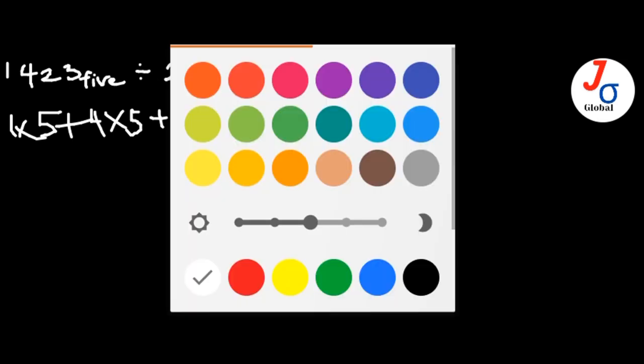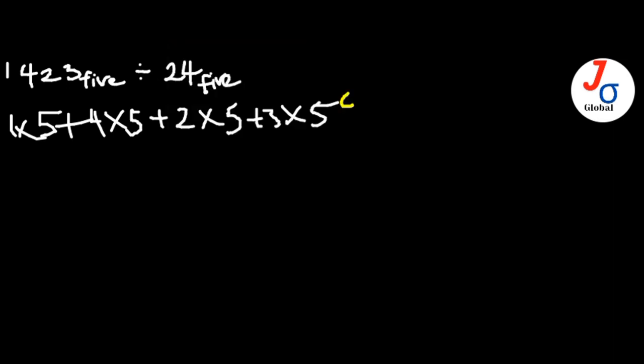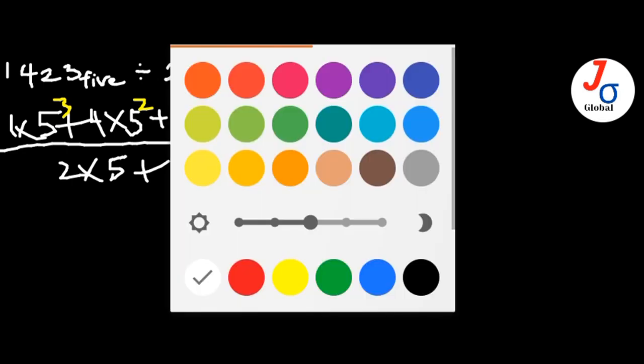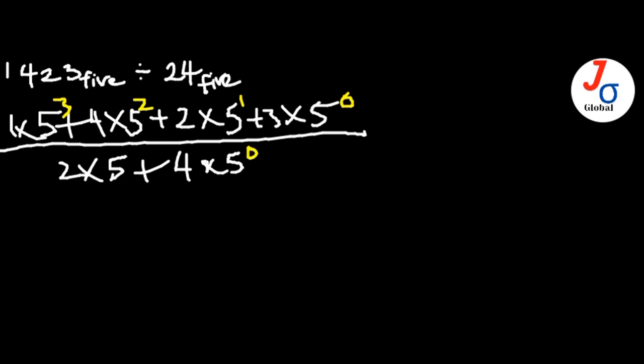I'm going to give power to all of these bases, starting from 0, 1, 2, then 3. Then divided by 24, that's 2 times 5 plus 4 times 5. I give power to each of these bases, 0 and 1.